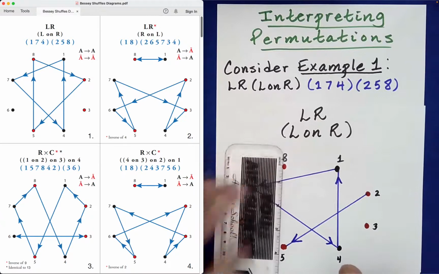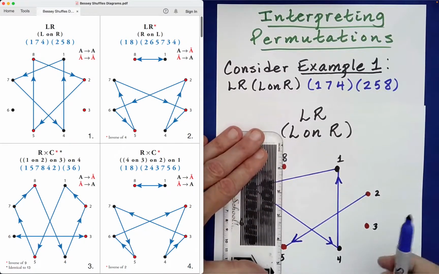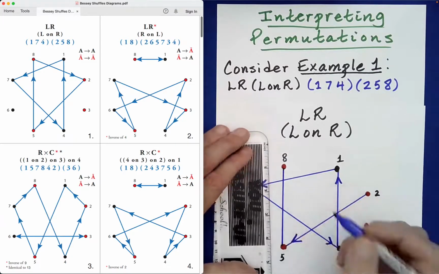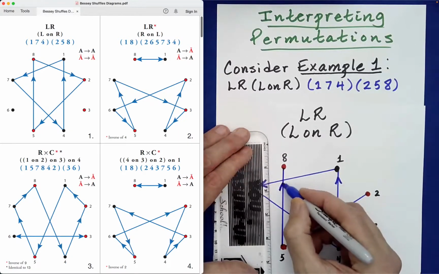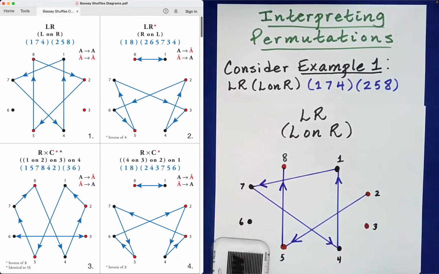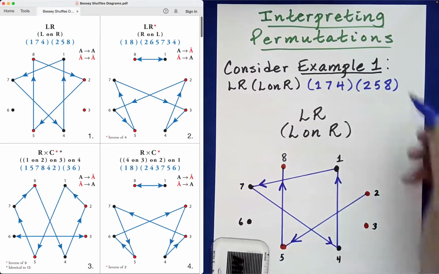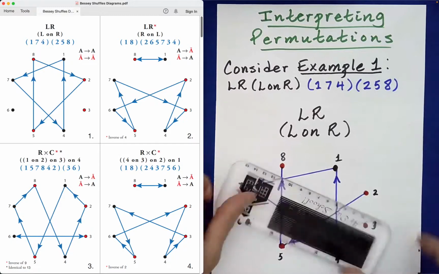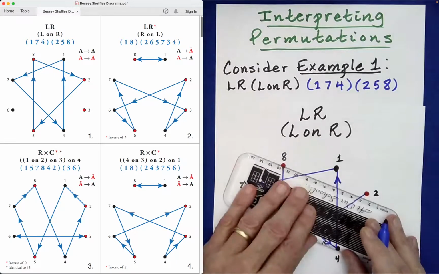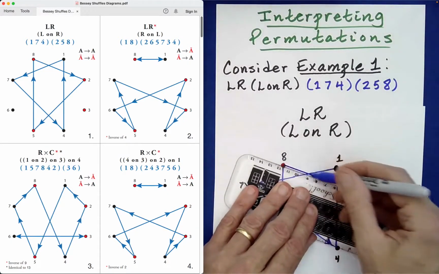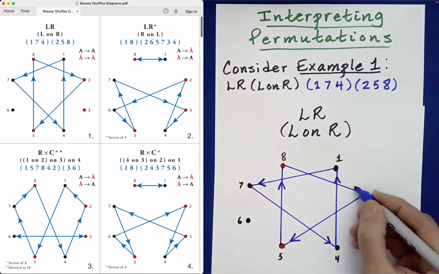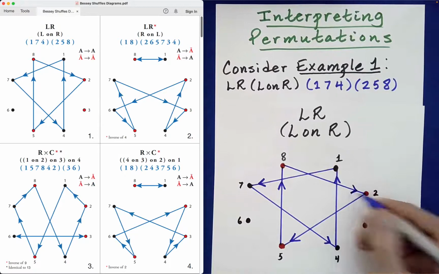Okay, so it just goes straight up from 5 to 8. Just like this. Okay, and then 8 wraps around and goes to 2. So 8 goes to 2. Okay, so we draw a line from 8 to 2 with an arrow pointing towards 2.